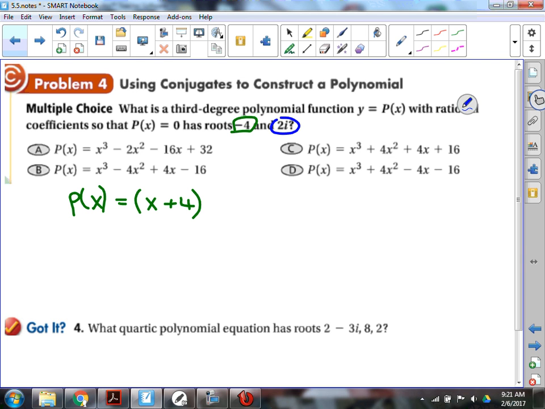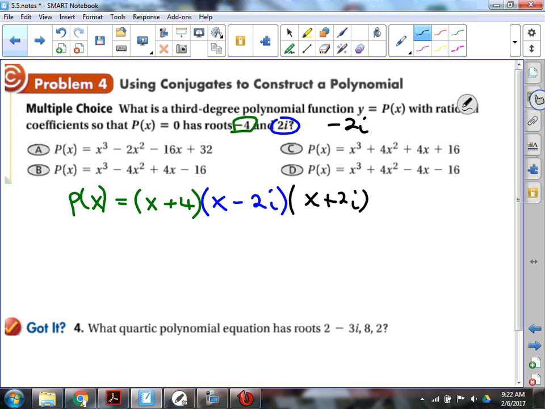So we have another root of 2i, so that means a factor is going to be what? X minus 2i, and because 2i is a root, what else is a root? Another factor would be x plus 2i, and negative 2i is our root, right? We all right with that?